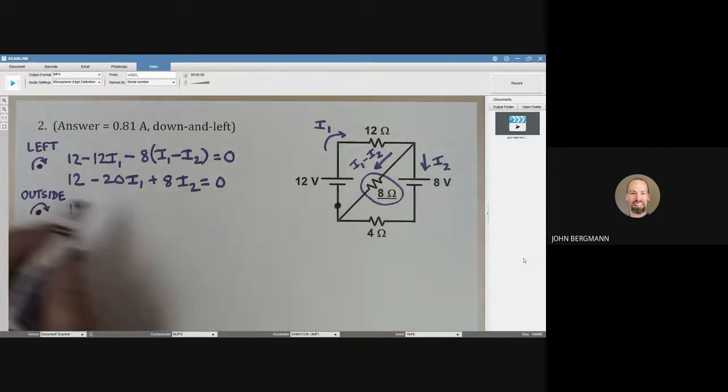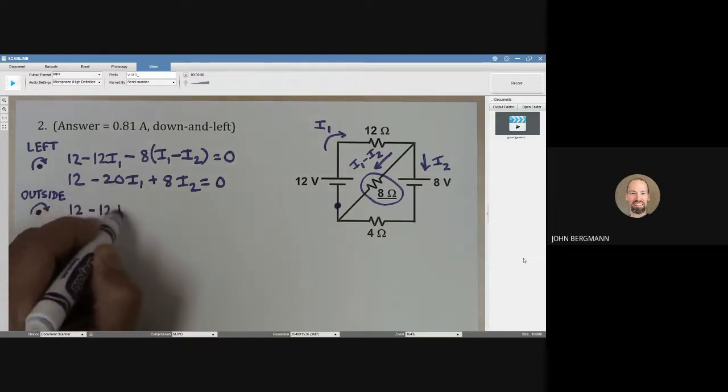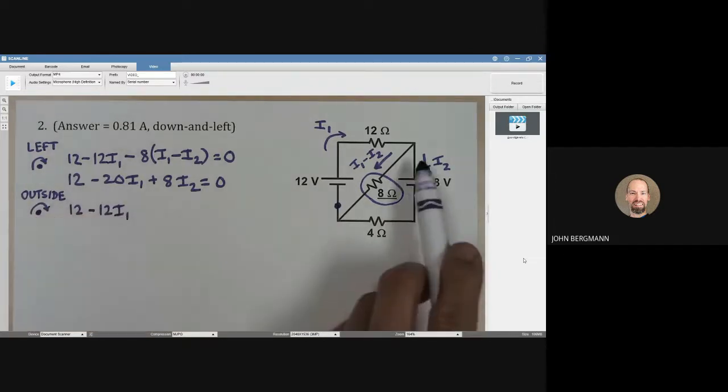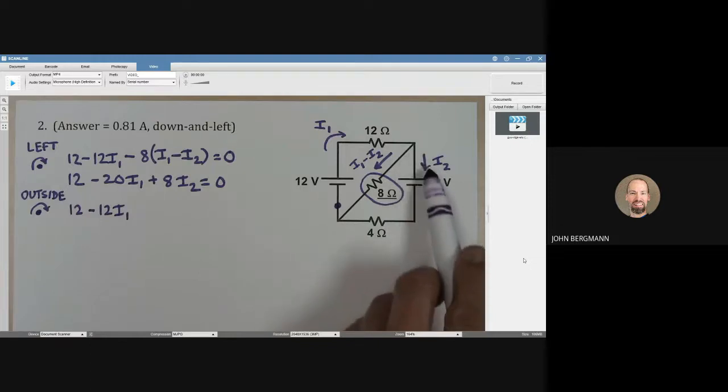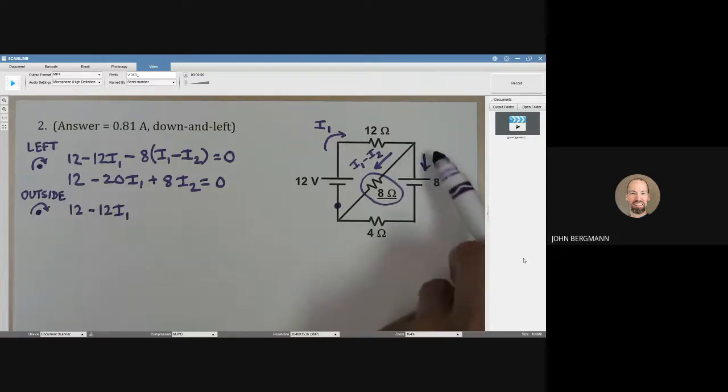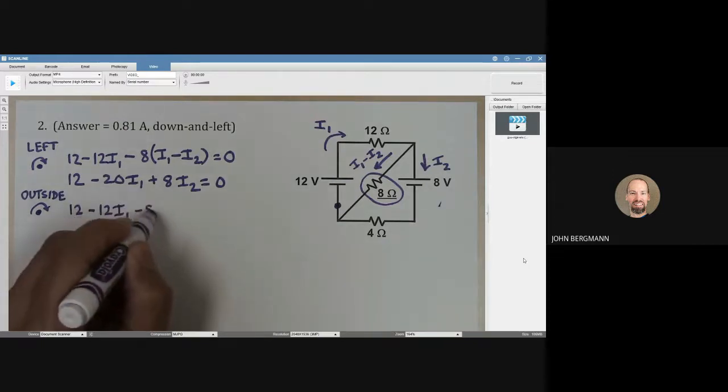12 volts is the first thing we run into, minus 12 I1. Now we're going around the perimeter. Right at that point it changes to I2, but there's no resistor there, so we don't have to do anything with that yet. But we're going through this battery opposite the way it's pointed, so I'm going to say minus 8.